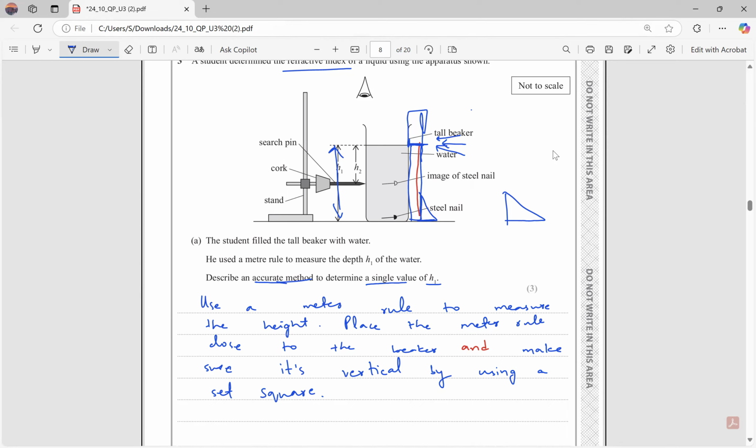So look at the reading perpendicularly to avoid the parallax error. So there you go. Those are all the points you should mention.